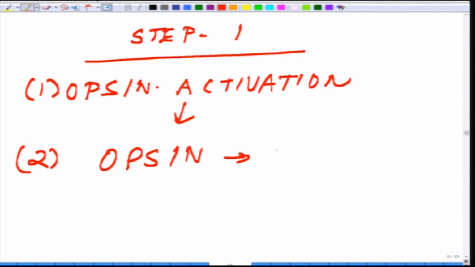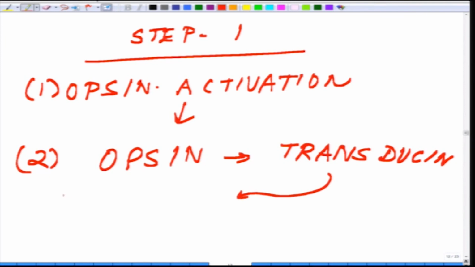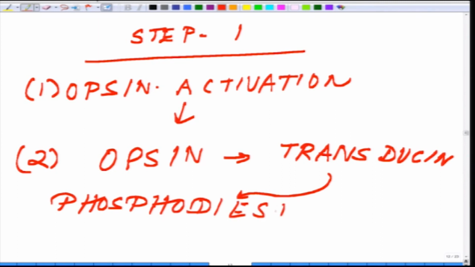Opsin activates a second enzyme called transducin, and this transducin in turn activates another enzyme called phosphodiesterase, and this phosphodiesterase then does something very interesting.